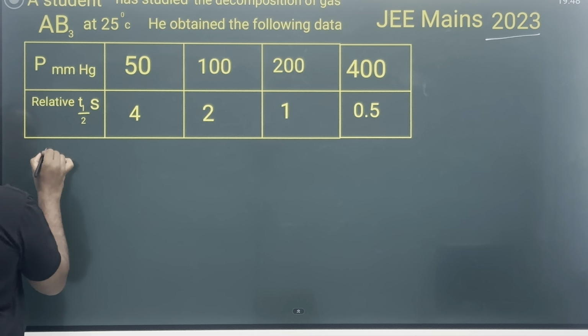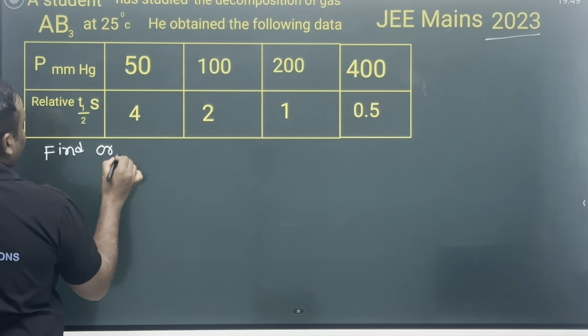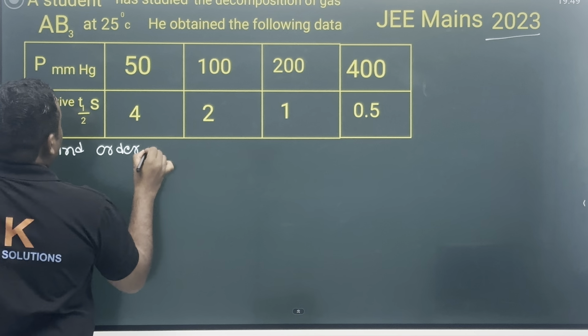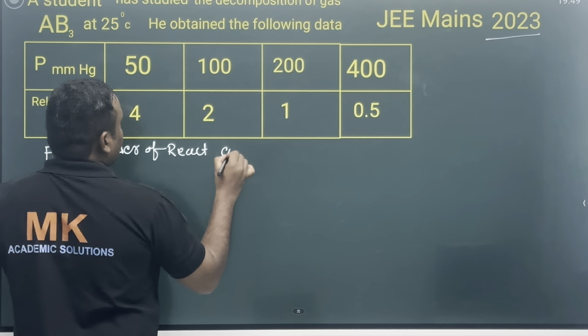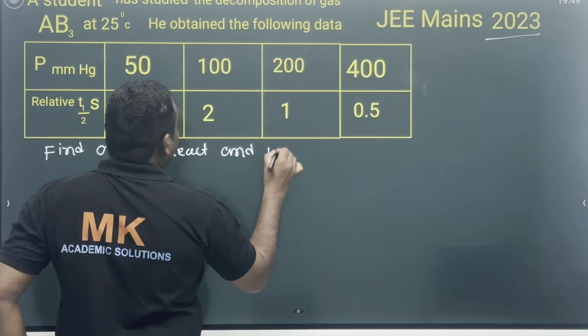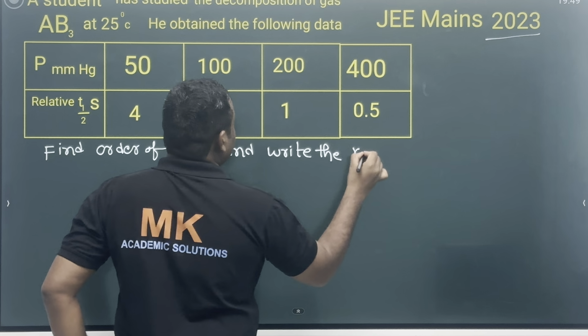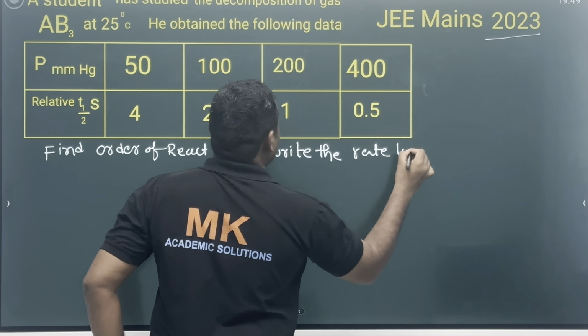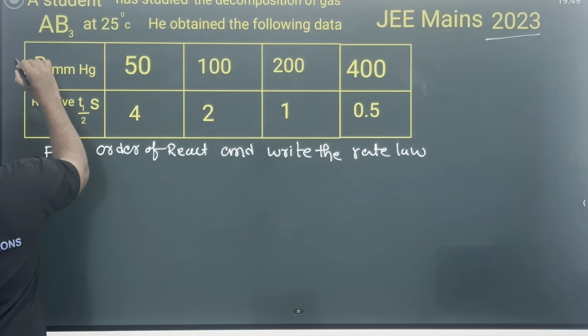Okay. So here what we need to do: find the order of reaction, and write the rate law. So this is the complete question. Okay. So here this is the given data for us.